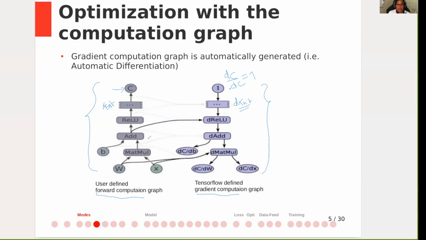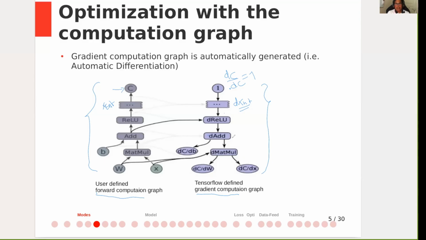And you have the add operation. You have a gradient computation operation corresponding to add, and matmul, etc. So this is the backward computation graph, or the gradient computation graph.